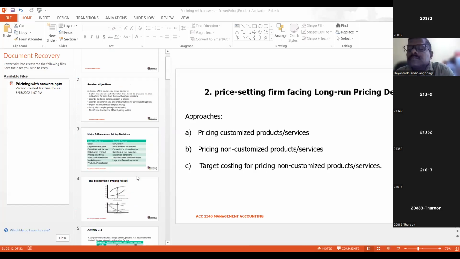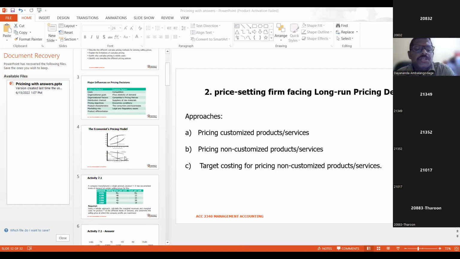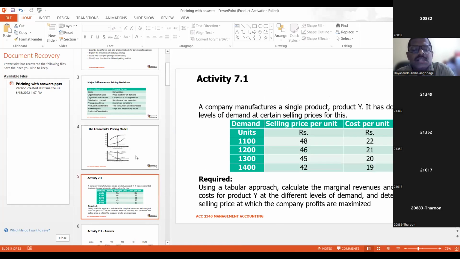Among them, cost information is vital, and in this chapter we are putting more effort on cost information. Then we discussed the economics model for pricing, where MR equals MC.